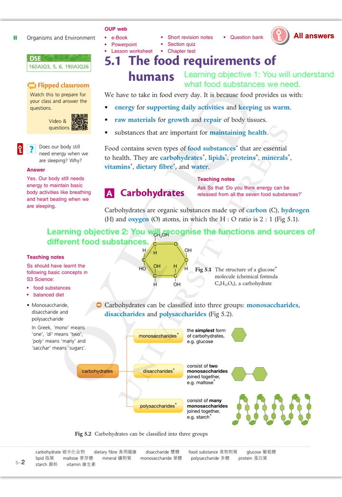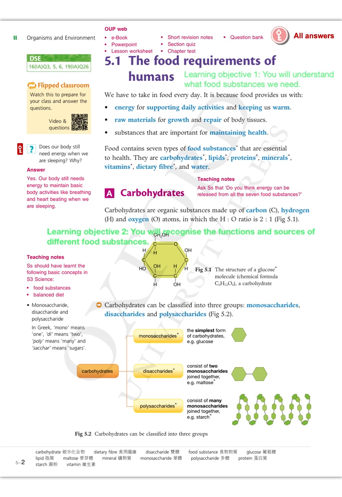Then the next question would be, what is the relationship between food and food substances? We can say that different food has food substances of different amount. So now we are done with the first learning objective. You have understood what food substances we need.